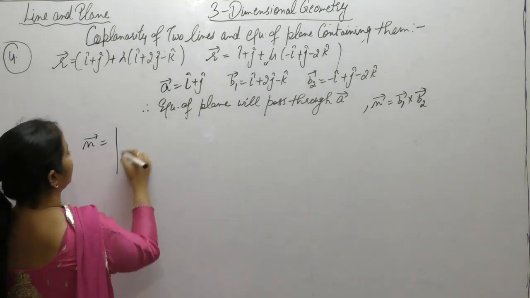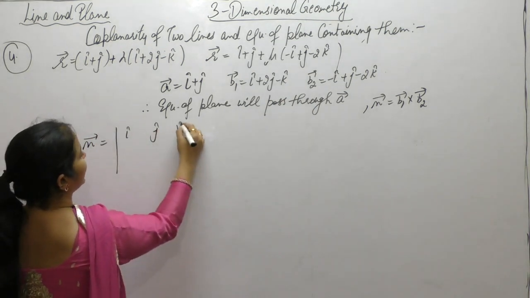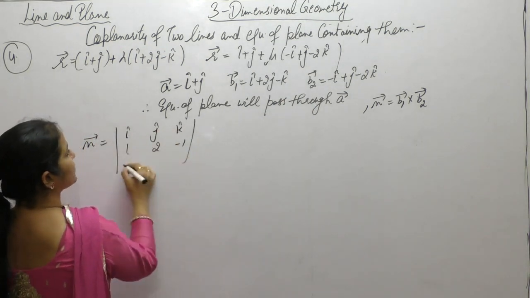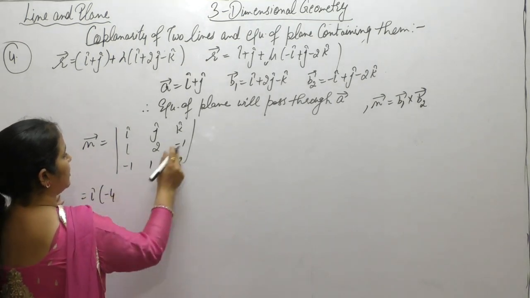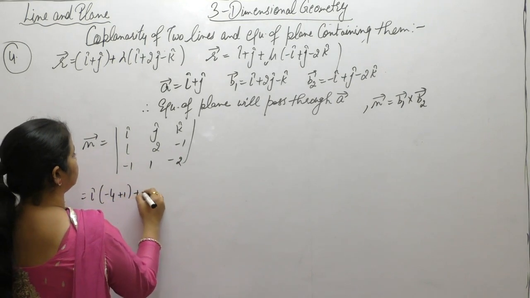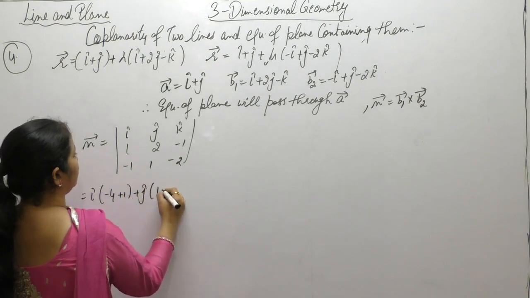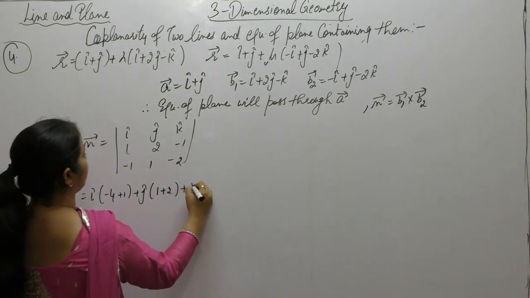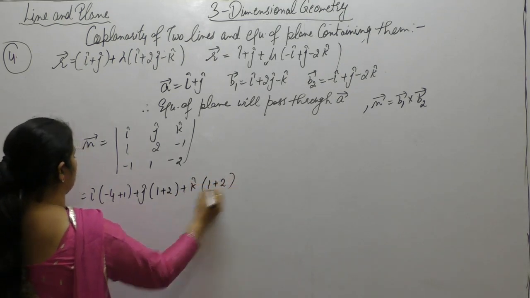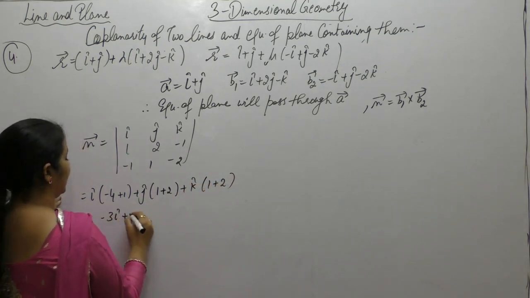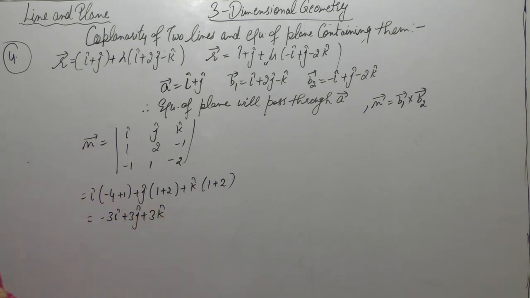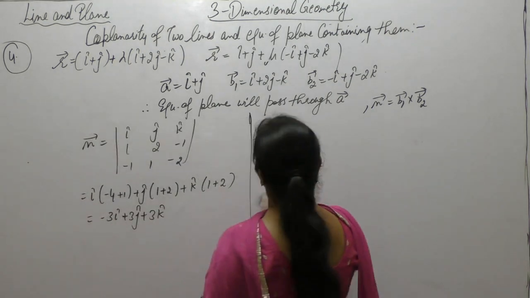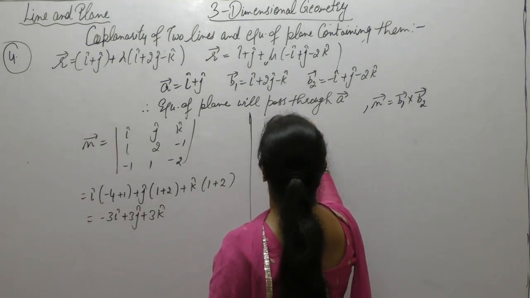To find the n vector, b1 and b2: 1, 2, minus 1, minus 1, 1, minus 2. Minus 4 plus 1, 1 plus 2, 1 plus 2. So, minus 3i plus 3j plus 3k. Now, the vector equation of the required plane.